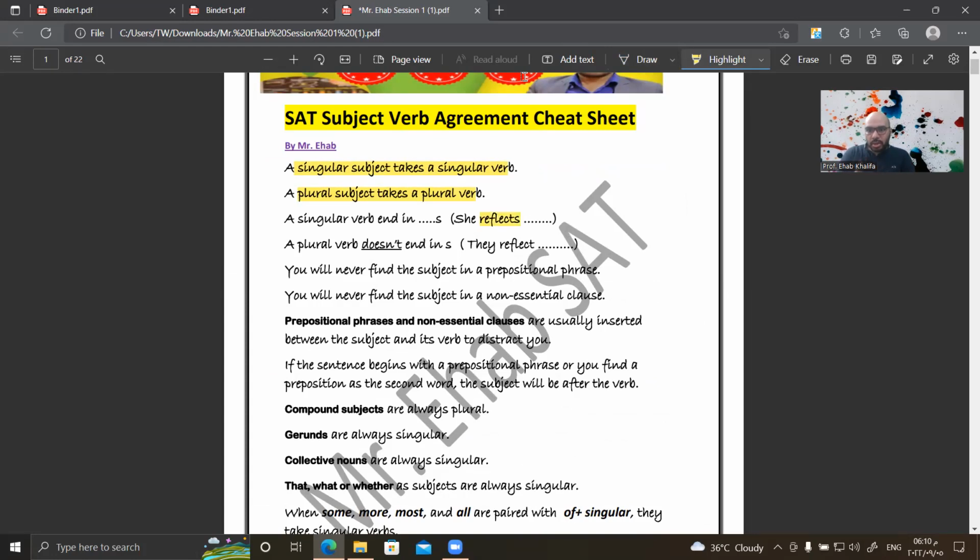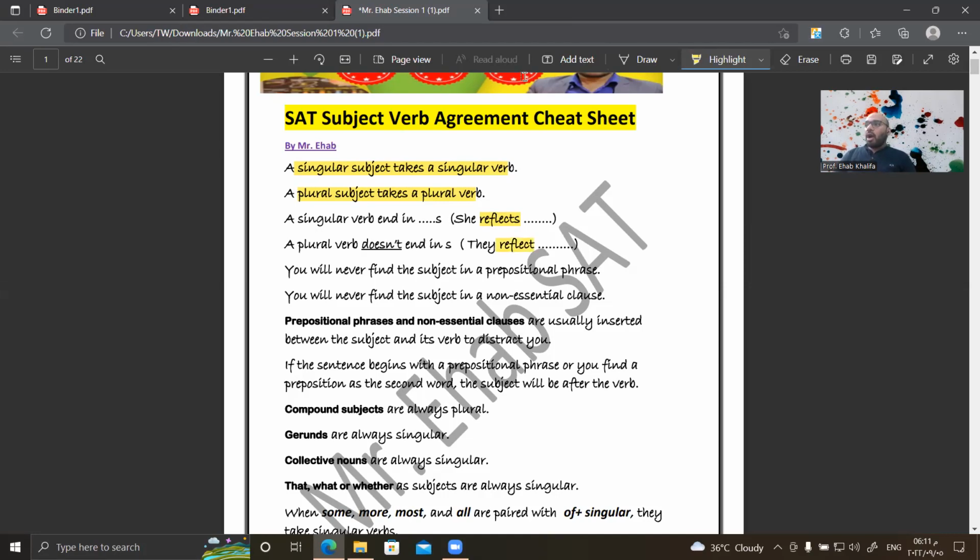Some students, unfortunately, think that if any word ends in S, it is plural. This is for nouns only. When it comes to verbs, if the verb ends in S, it is 100% singular. So reflects is singular. Take that into consideration, please. A plural verb does not end in S. So reflect is a plural verb.